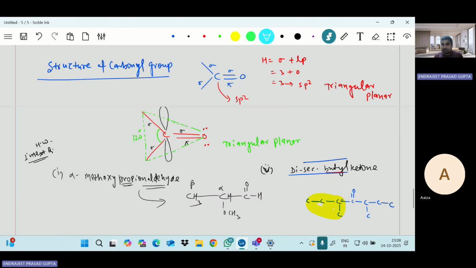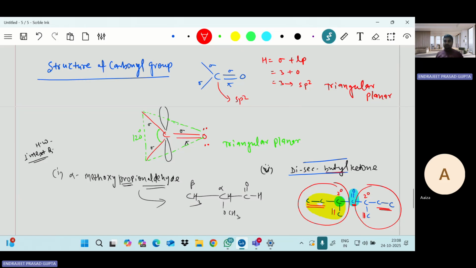Why secondary butyl? Because the carbon attached to the carbonyl group has two side carbon chains, so it is secondary, but including the carbonyl carbon it becomes tertiary. So it's a secondary butyl, and this is also secondary butyl. So di-secondary butyl ketone, C double bond O.